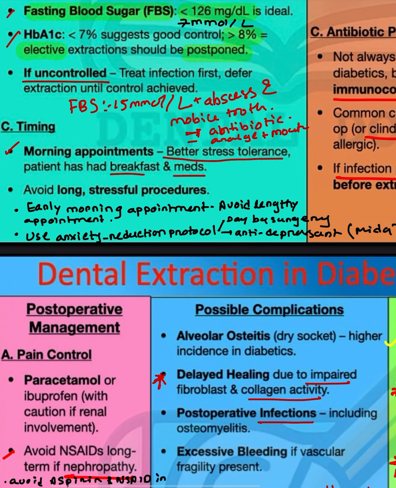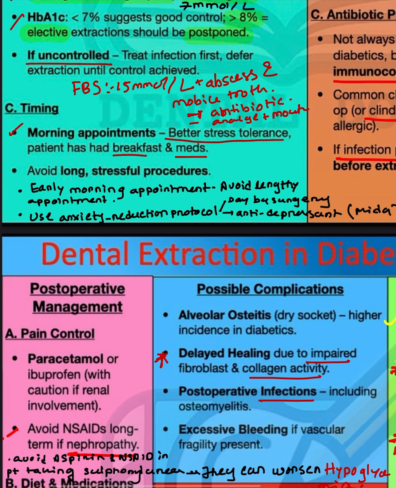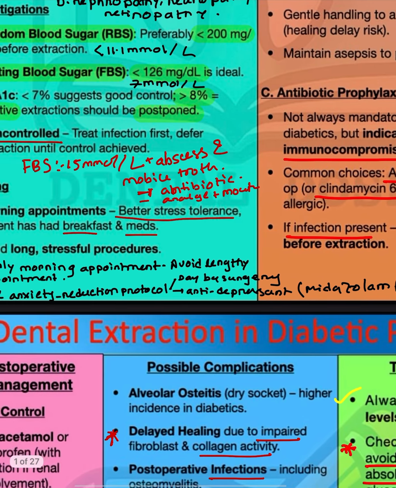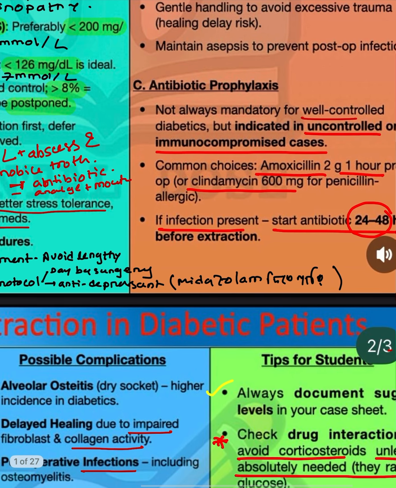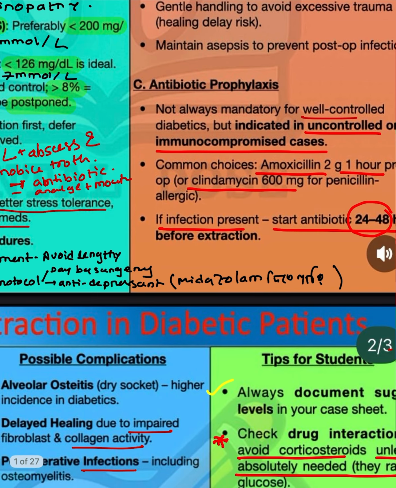Then comes antibiotic prophylaxis. If you are deciding to extract the tooth, if the patient has well controlled diabetes mellitus, then we don't need any antibiotic prophylaxis. But if the patient has uncontrolled diabetes mellitus and is immunocompromised, then antibiotic prophylaxis is needed.